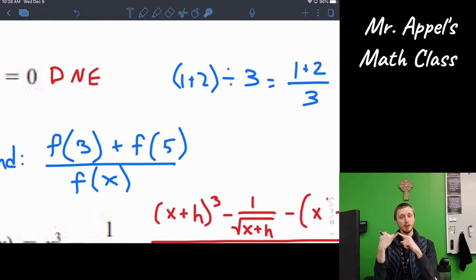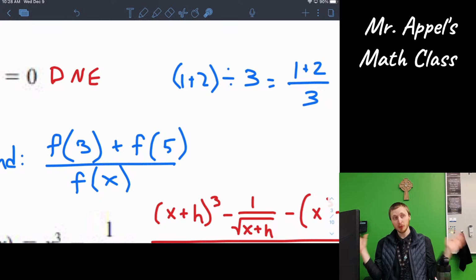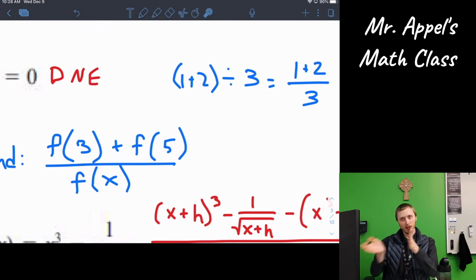I know function notation, which means I understand F parenthesis, or really any letter, technically any of the alphabet, but most conventionally the front middle, F, G, H, means a function of 3 plus the same function, we repeated the same letter, of 5, all divided by function of x. Okay, next level.